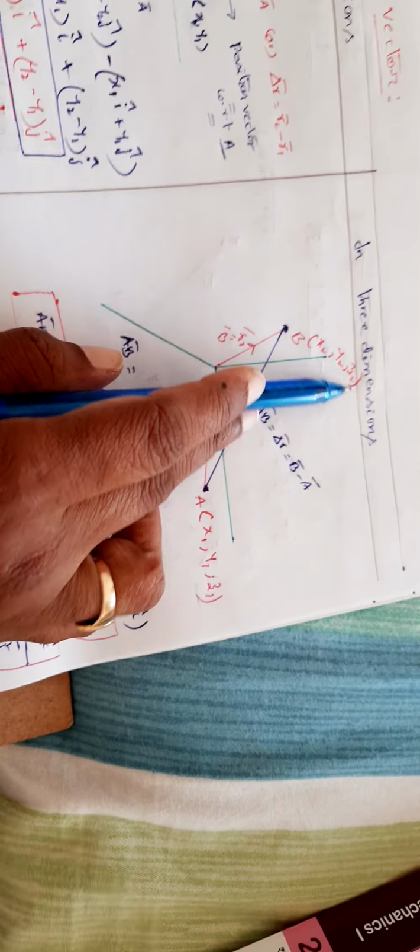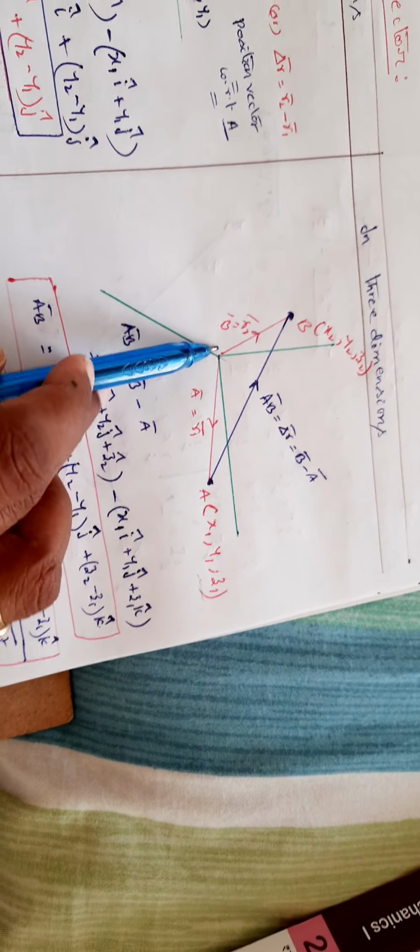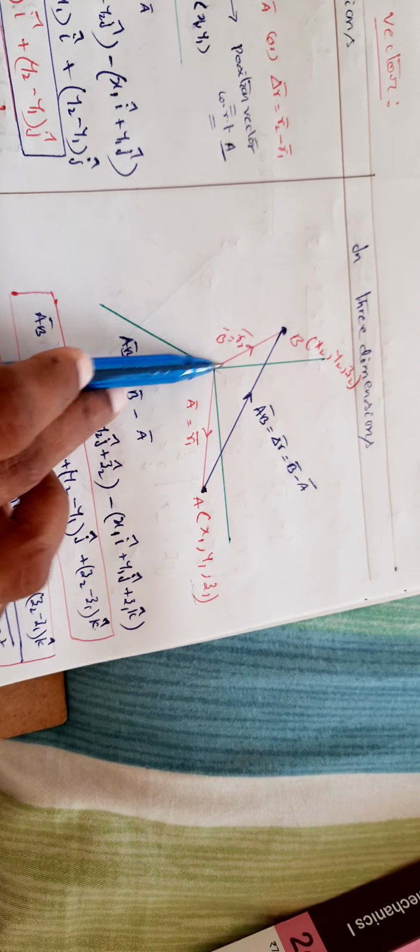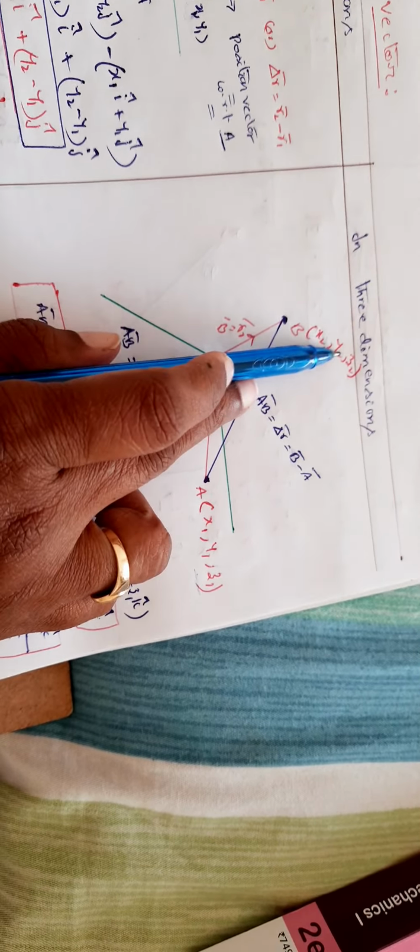Whenever I say position vector, position in the sense with respect to the origin. So what is the position vector? xi, yj, zk, because k is the unit vector along the z axis. So the same thing, x2i plus y2j plus z2k minus the initial position. Done. So this is a position vector.